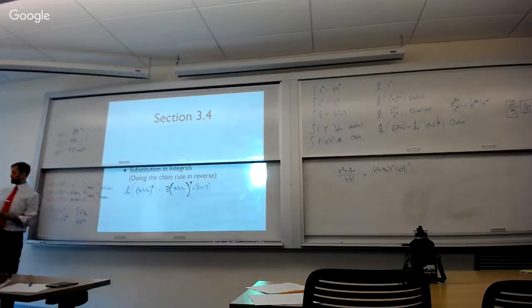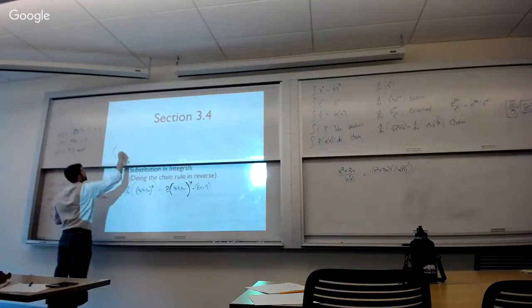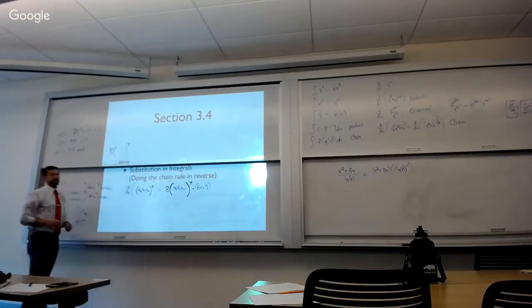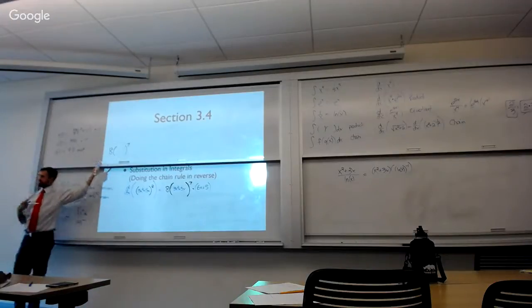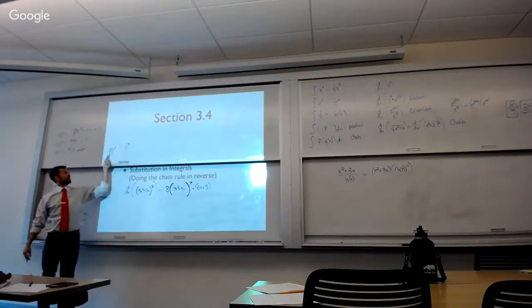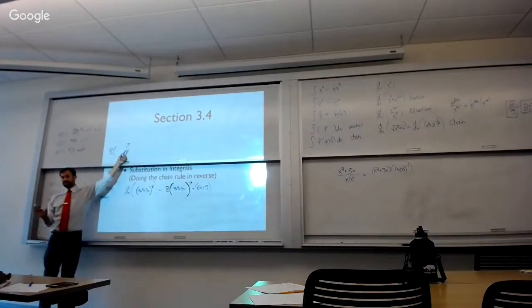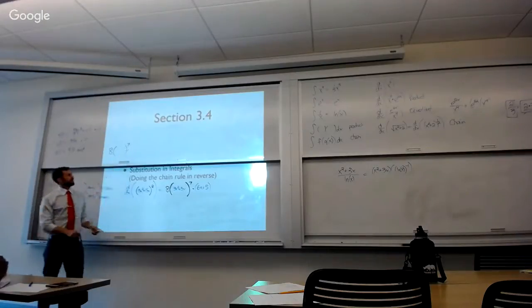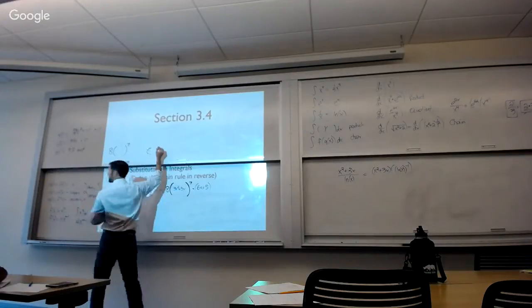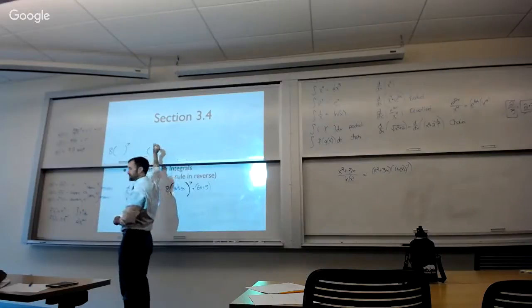If you saw that somewhere walking down the street, you'd be like, hey, that looks like something that had been differentiated, because you bring down the 8 and subtract 1. So maybe there'd be some visual recognition there. Likewise, somebody give me another one. What's something that would have had the derivative taken of it? Just another example.